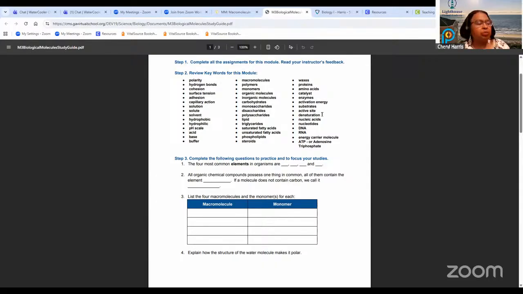That just means that the protein gets to a point where it's non-functional. We've cooked it and it's not able to do its job because it got too hot, and it's not able to function at that temperature.